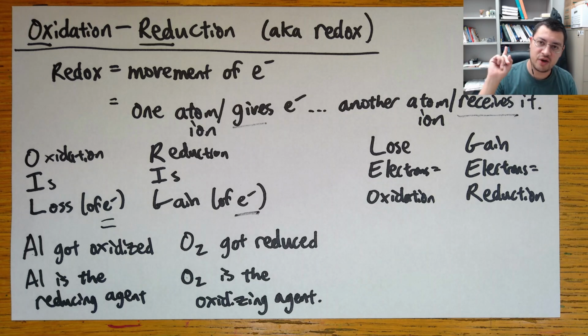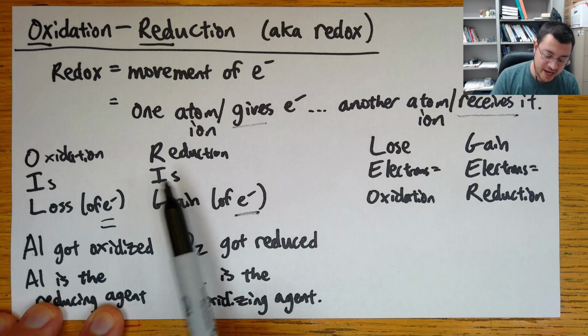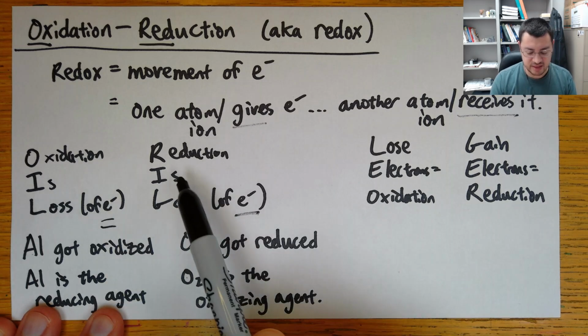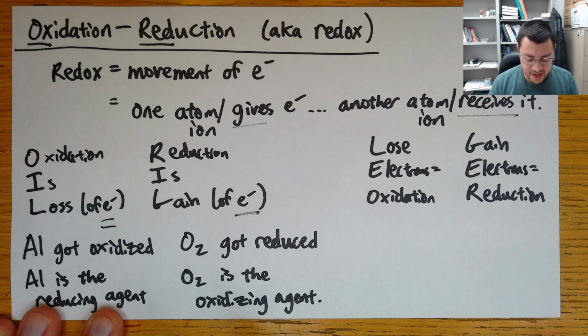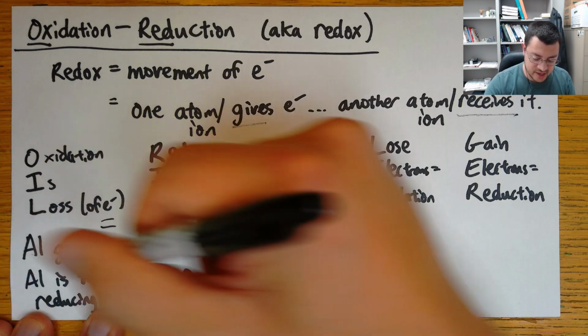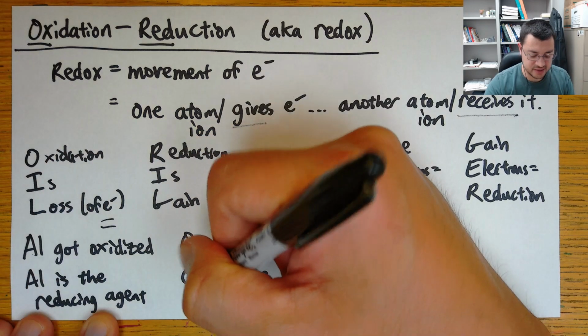Because I'm giving away electrons, I am reducing something else. I am making something else gain those electrons that I threw away, and that would be oxygen. Oxygen gains those electrons, and because of that, it's helping to oxidize the aluminum.